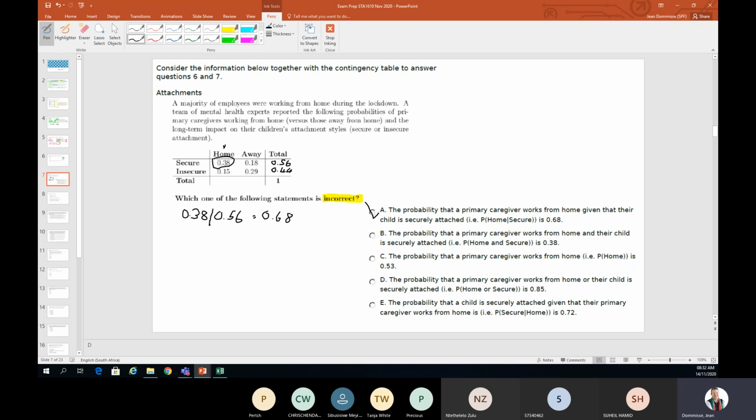Here it is already a probability, and if you divided that by 1, you would still get the 0.38. So that one is purely just reading it off a table. So that is also correct. Still looking for the incorrect one. The probability that the primary caregiver works from home. We need to add those two. So it's 0.38 plus 0.15, so 0.53.